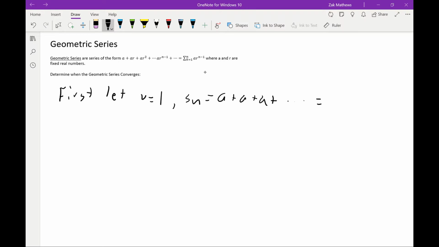So what we're getting here is we're taking a and adding it n times for the partial sum, where we're going from a times 1 to the 0 up to a times 1 to the n minus 1. The r's are always equal to 1. So if we look at the limit as n goes to infinity of this partial sum, a times n, that's equal to infinity. So this diverges. We cannot allow the r to equal 1 if we want the geometric series to converge.